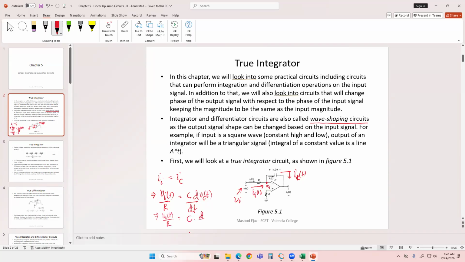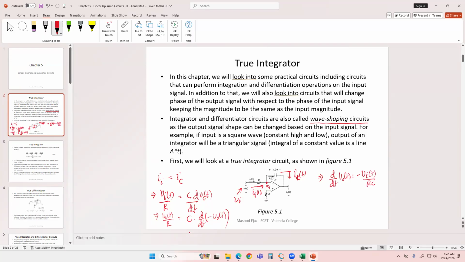C d over dt of negative V out(t), which means I have d over dt of V out(t) is equal to negative V input(t) over RC.